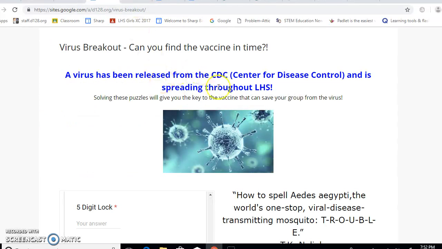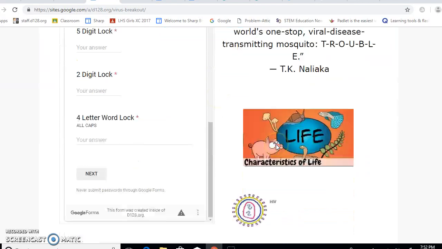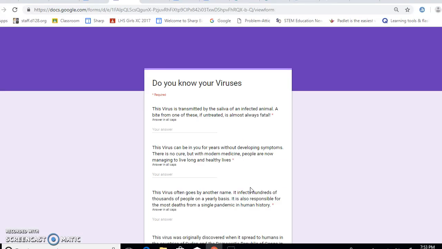Basically, they were working as a team to see who could break out of this website the quickest. Some of the pictures were different links. This was another link to a Google form that they used with their textbook to help them answer these questions.